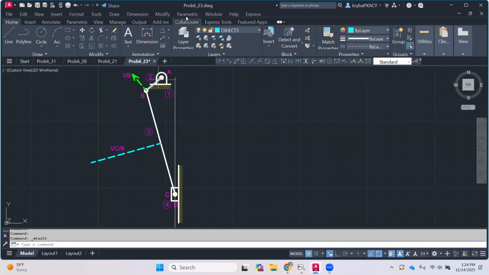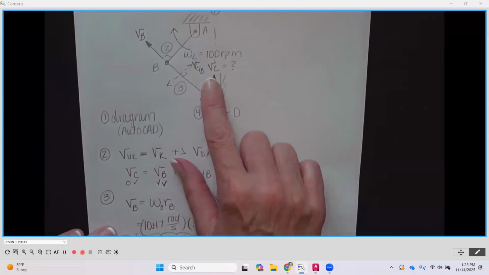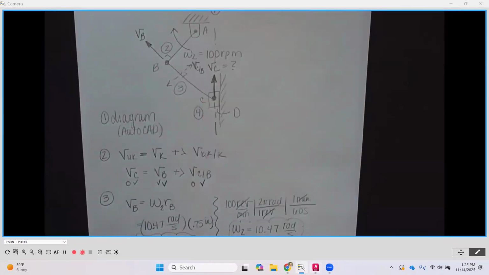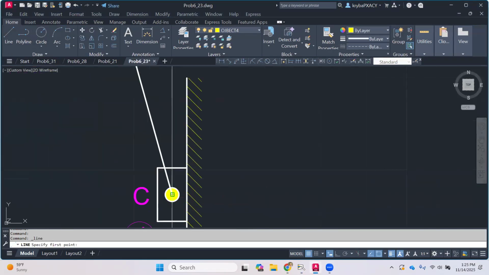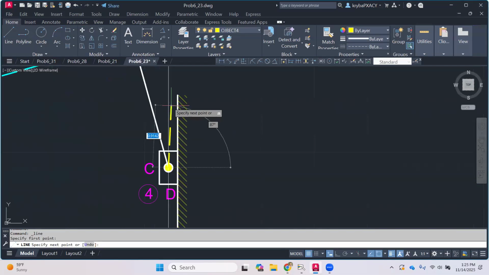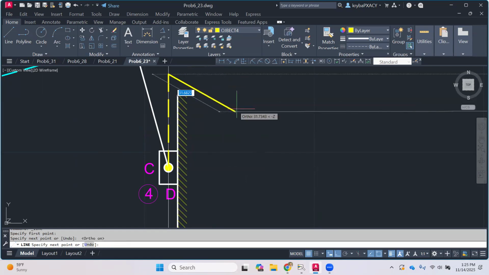Then my last one is going to be the velocity of link number 4 or point C. And in the direction that we're going right now, we're anticipating this going straight up. So we are going to show our line from the center of C, and we put on ortho, just want it to be up right about there.